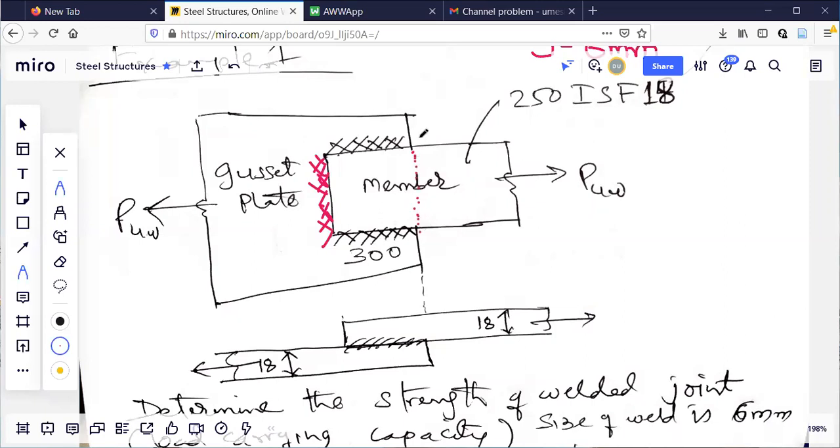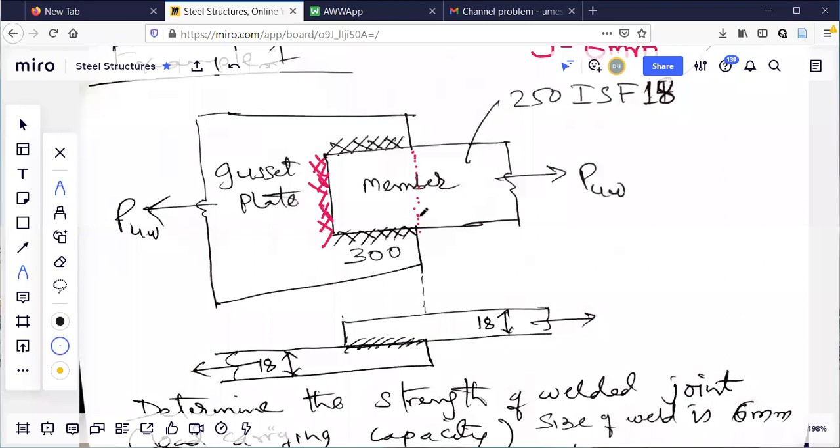So this member is above, the gusset plate is below. There also I can apply. Here it is applied, and here also it is applied. I cannot see it from this view. It is below actually. So there at two places it is applied. What is the increase in the strength? That is part 2. How to get it?